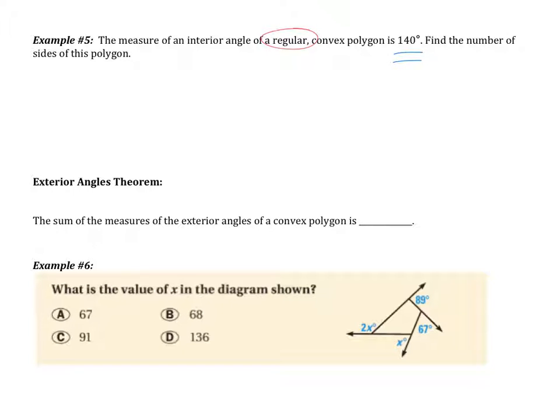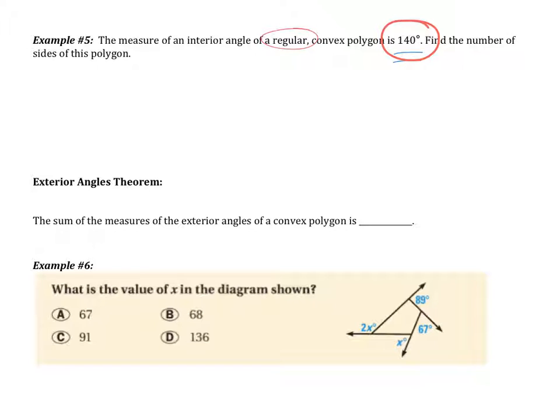All angles are equal and congruent, and all sides are congruent. Very good. So, it's equilateral and equiangular. All the sides and angles are equal. All right. So what they're telling you is that every angle inside of the polygon is 140 degrees. They want to know how many sides this polygon has.